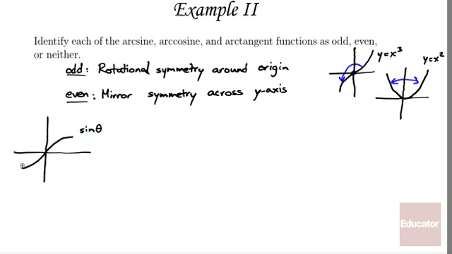It's the reflection of that graph in the y equals x line. So that's arcsine x in blue. And now if you check that out, that has rotational symmetry around the origin. So arcsine x is odd.